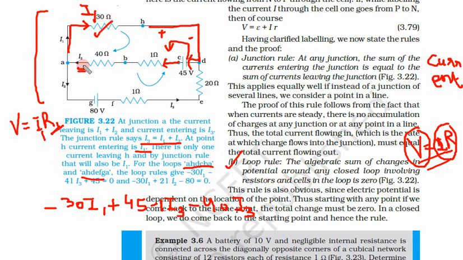What are the resistors? This and this. And see, this is a closed loop. So in any closed loop, the algebraic sum of changes in potential around any closed loop involving resistors and cells is 0. So it must be equal to 0.